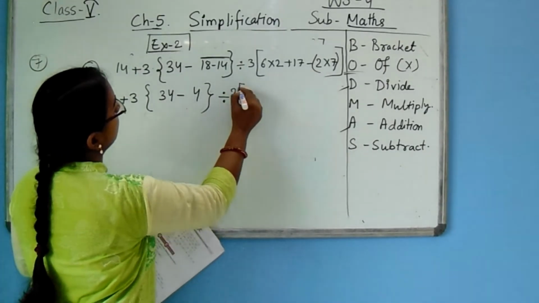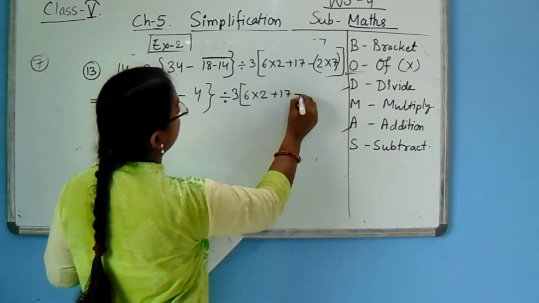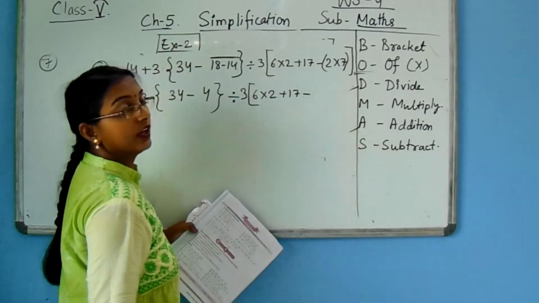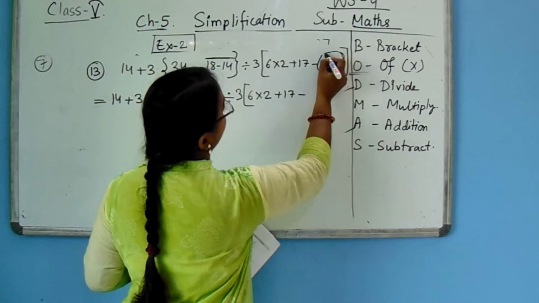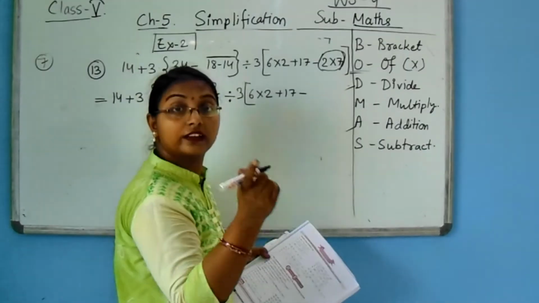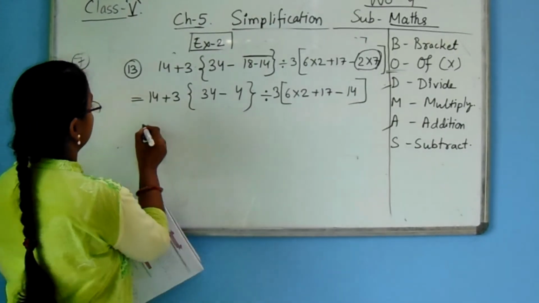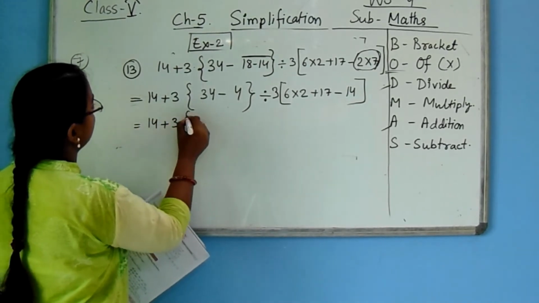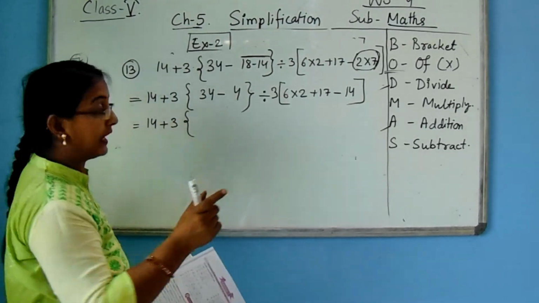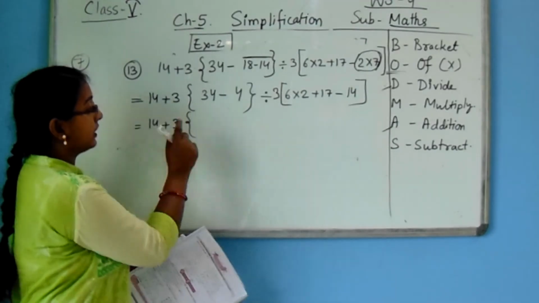Now it can be written in the same way, 6 into 2 plus 17 minus, but in this term, I have seen that 2 into 7 is given in the small bracket. So the small bracket function is done first, giving 14, and the big bracket is closed. Now 14 plus 3 multiplied. Here no sign is given, so it can be multiplied by the prior term. A term is multiplied by 3.